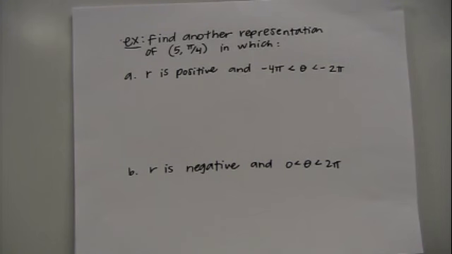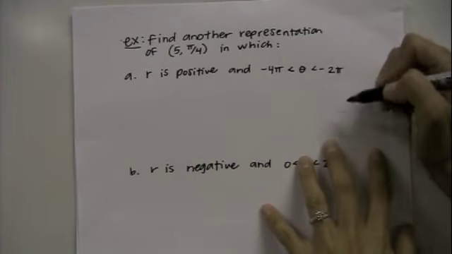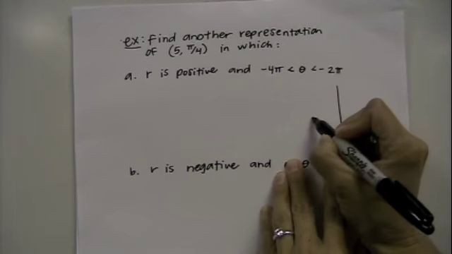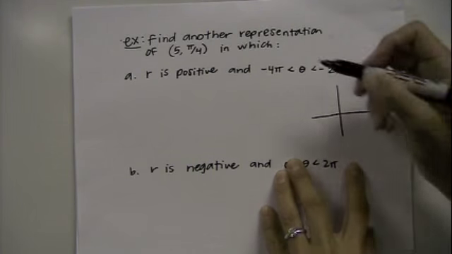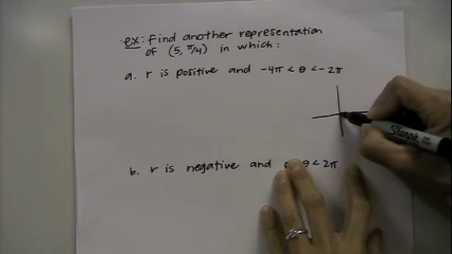The next example says, find another representation of the polar coordinate 5, pi over 4, in which, in part A, gives us the condition that r is positive and that theta is between -4 pi and -2 pi. So the first thing I want to do is plot the point 5, comma, pi over 4. And so if I plot that point, I'm rotating 1/4 of pi, which gets me right here.